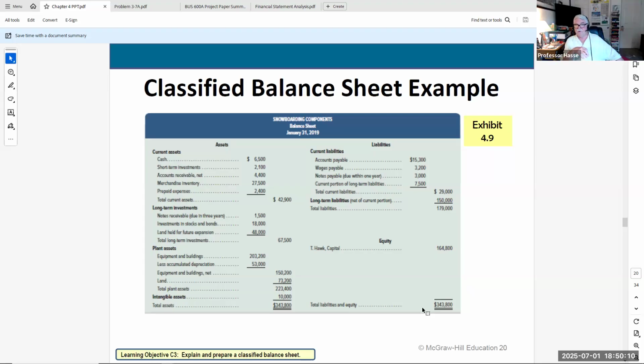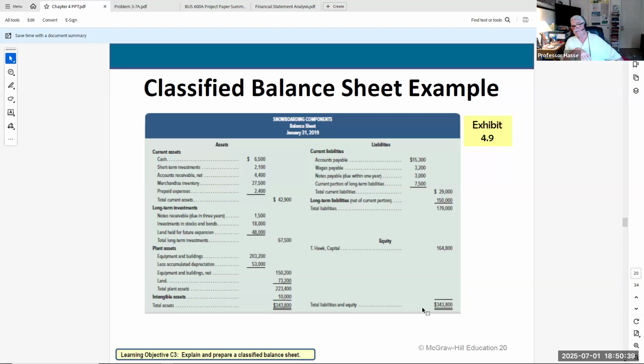Those assets that you own that have a longer than 1 year life. Notes receivable, investments, plant assets, equipment, buildings, less accumulated depreciation, land, intangible assets, which you're not going to have anything involved in that. Don't worry about that.